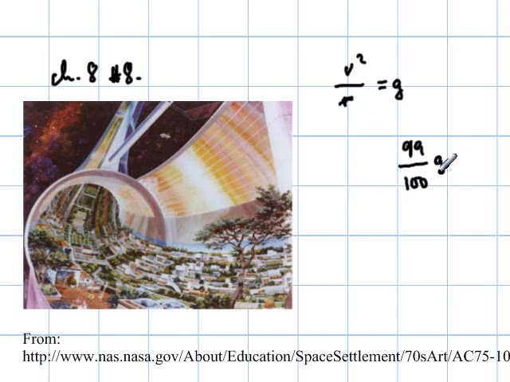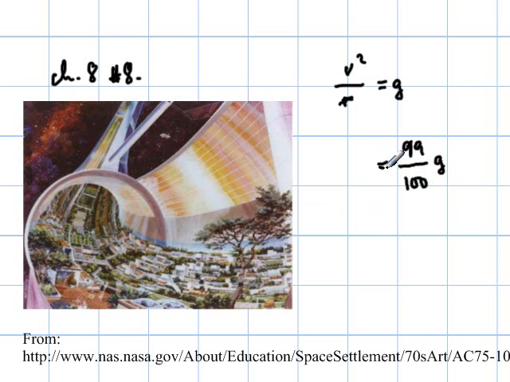Because it says 1/100th in a difference. So the variation in g is less than 1/100th, which means where the head is, it would be 99/100th of g.